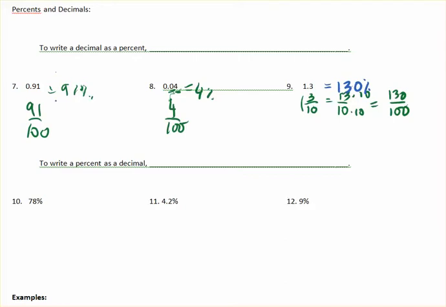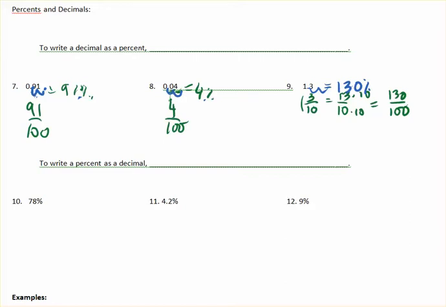So if we take a look at each of these examples, I want you to follow the decimal point. So we have 0.91, the decimal point moves to after the 1 to get 91. We have 0.04, the decimal point moves twice to come after the 4. We have 4%. We have 1.3, if we move the decimal twice, we get 130. So that's our shortcut.